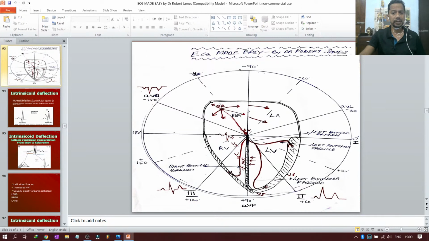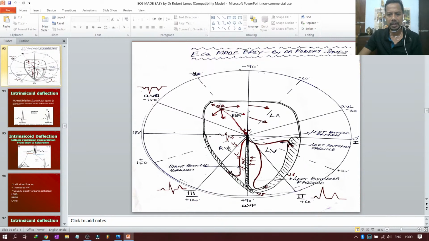Now current is coming towards lead 1, AVL, V5, V6, and it is going away from AVF and away from V1, V2. Now you tell me what will happen in V5, V6. You will see a very tall, broad R wave, and there will be a depolarization defect. There will be ST depression with concavity upwards, a T wave inversion, and a left axis deviation, and a reciprocal deep S wave in leads V1 and V2.